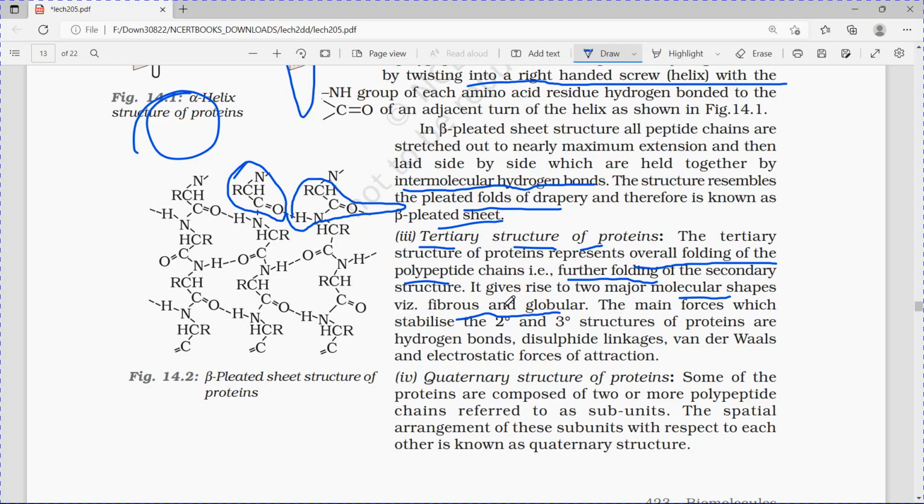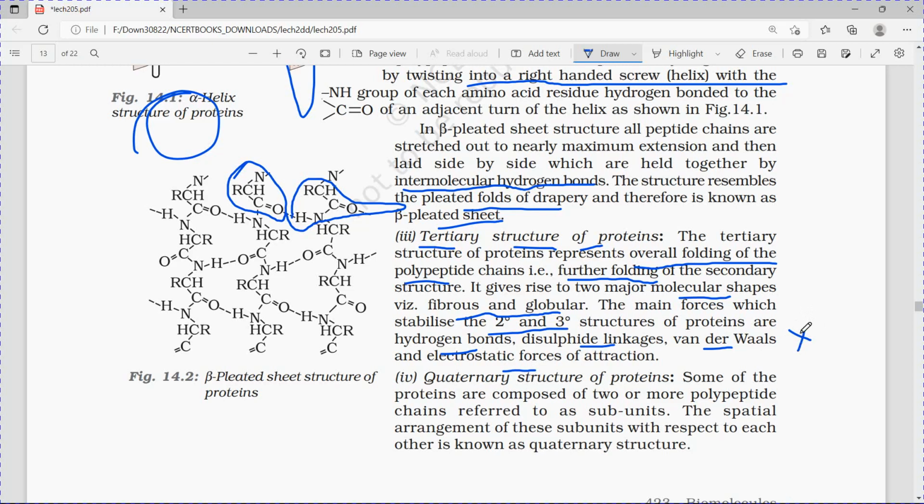The forces which stabilize the secondary and tertiary structures of proteins are hydrogen bonds, disulfide linkages, van der Waals forces, and electrostatic force of attraction. Mark it as important.